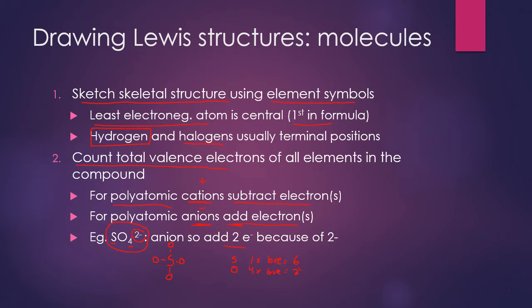To figure out my total valence electrons, I want to add those together, but I also want to add in those 2 extra electrons from that charge. So my total is going to be 32 valence electrons for that molecule.